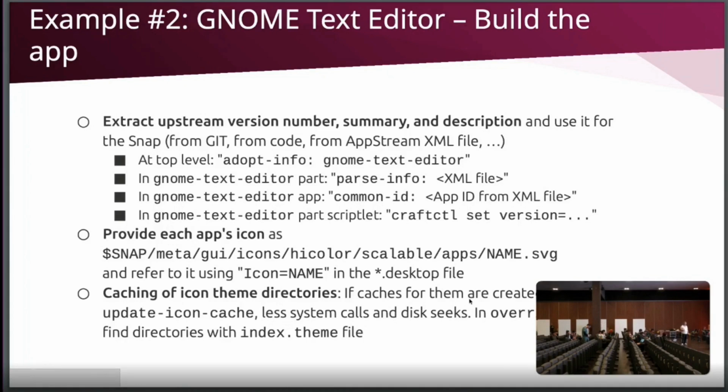And don't forget to have the craftctl default also in your override-pull or override-build. In override-pull, it must be before the craftctl set version, because craftctl set version needs the source code already downloaded, because it finds the version in the source code, and therefore the craftctl default, which does the actual default download, must be first.